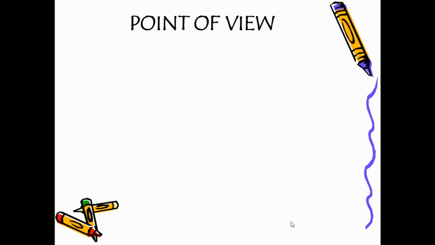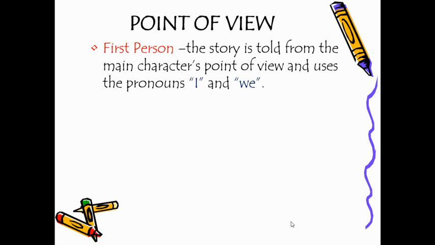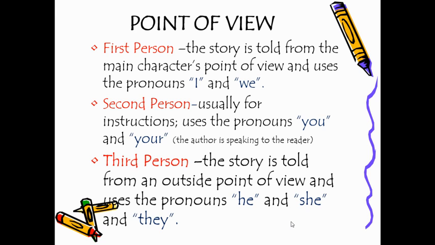So what are the other types? You've got your first person, second person, and third person. The first person, the story is told from a main character's point of view. So the character would say, I went to the shop. We bought a lot of candy. The second person is usually used for instructions, okay?